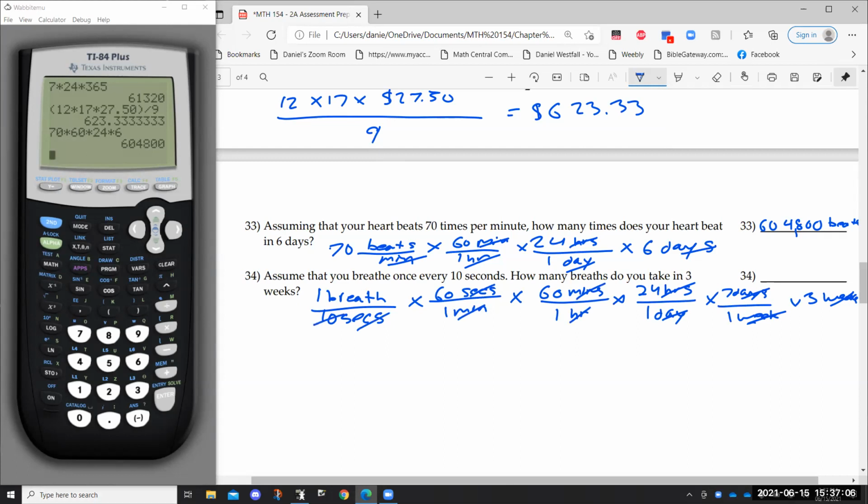I have 10 goes into 60 6 times. So I'm going to have 6 times 60 times 24 times 7 times 3 breaths. So that's going to be 6 times 60 times 24 times 7 times 3.